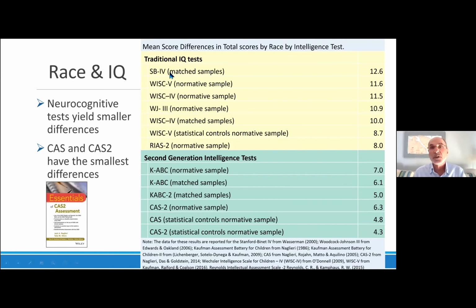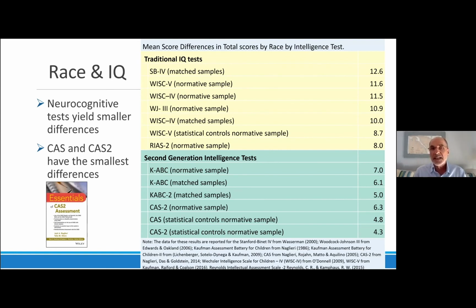And that's why I want to show you this summary of data, also from my Essentials book. I pulled together all that we know about these different tests. All the details about where I got these data are in the footnote or in my book.